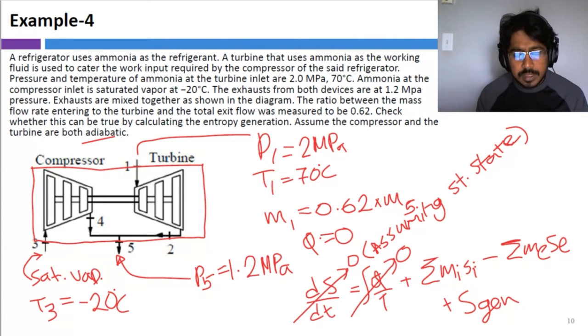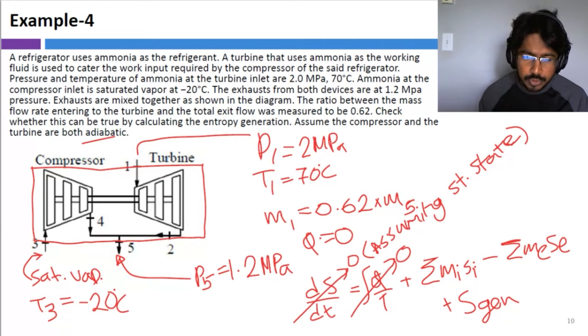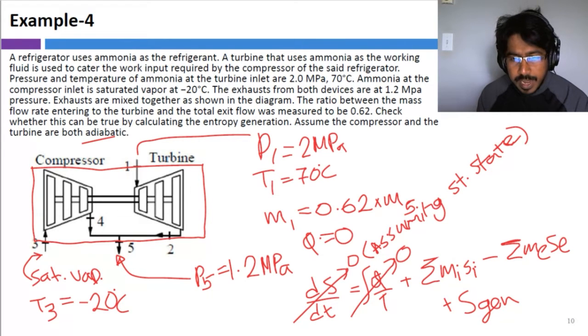So from this equation, the entropy taken into the system, minus the entropy taken out of the system, plus the entropy generation is equal to 0. So from this equation, we can find the entropy generation.